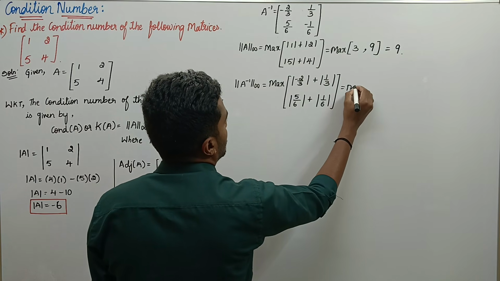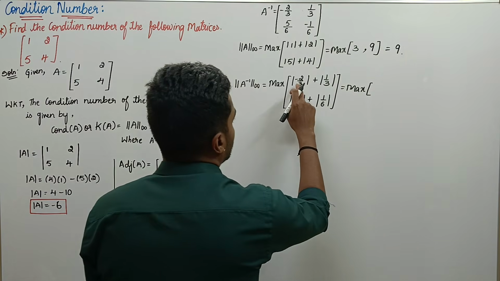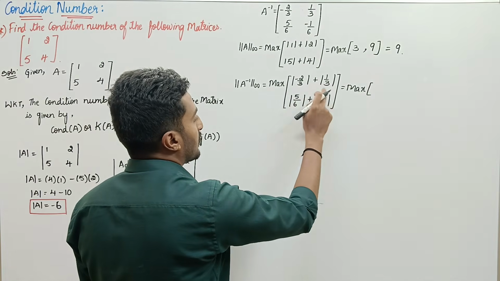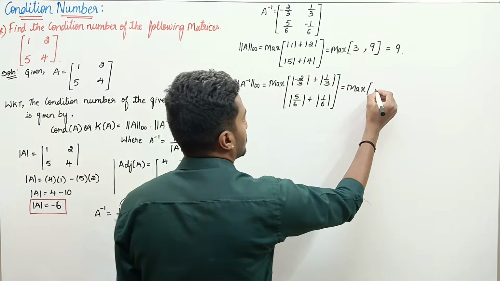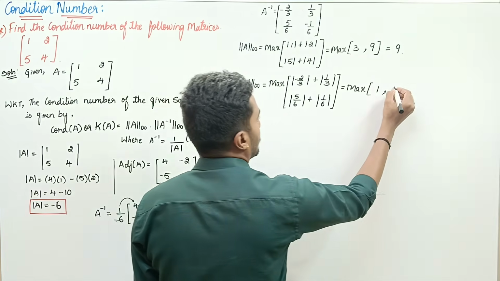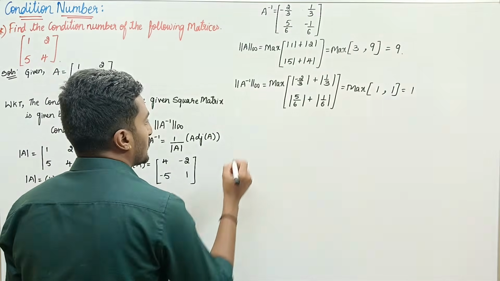Since we have a negative sign, we have applied modulus and it becomes positive. The denominators are the same, so the numerators can be added: 2 plus 1 is 3, 3 by 3 gives 1, and again 5 plus 1 is 6, 6 by 6 gives 1. The maximum number is 1.